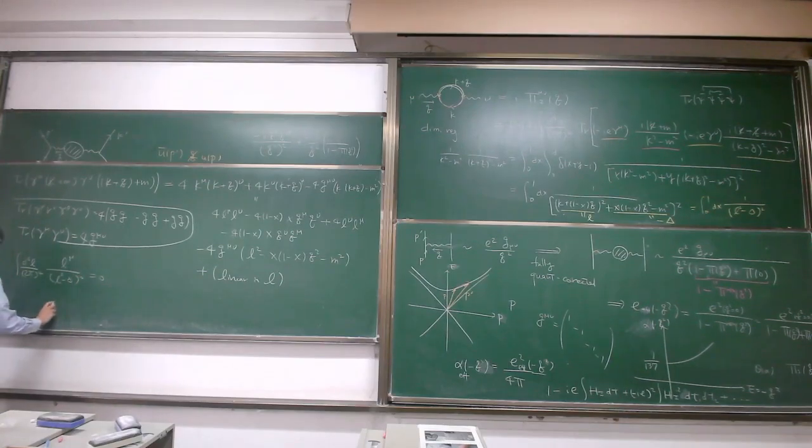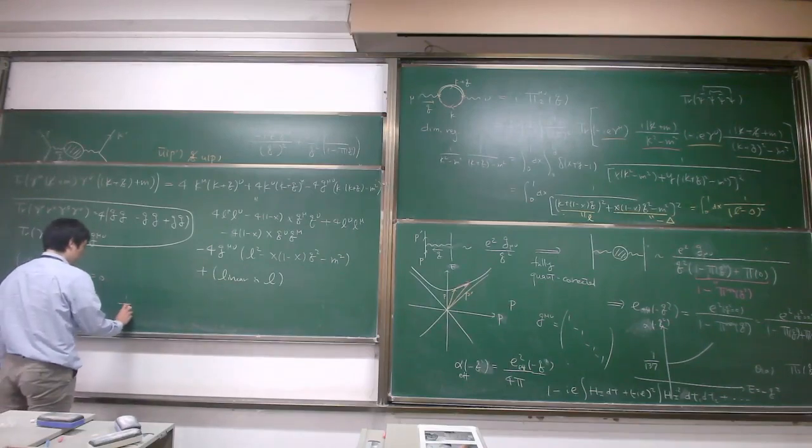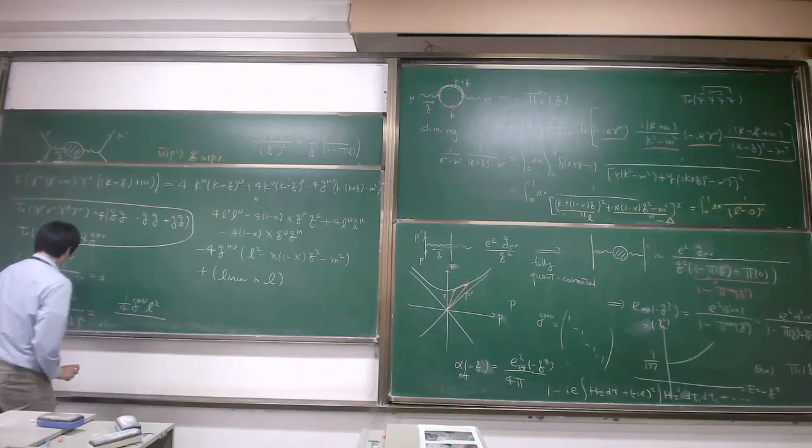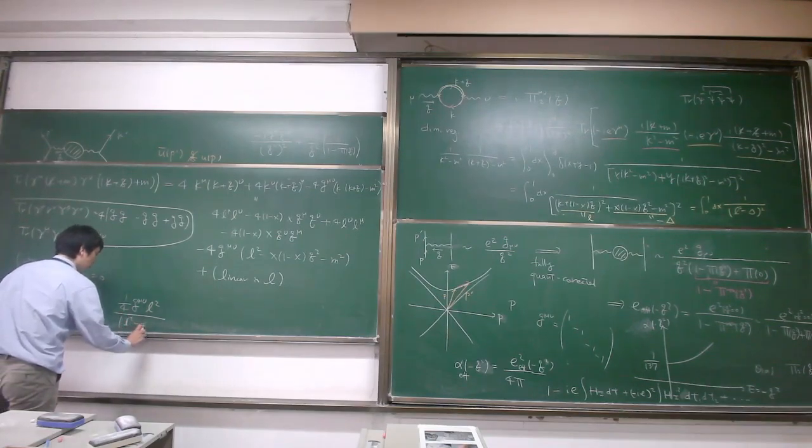And as I mentioned many times last time, the integral of L mu L nu equals 1 over 4 g mu nu L squared, and then L squared minus delta.